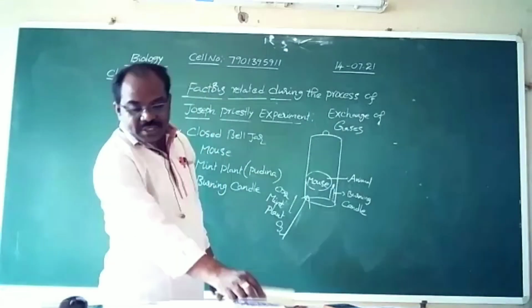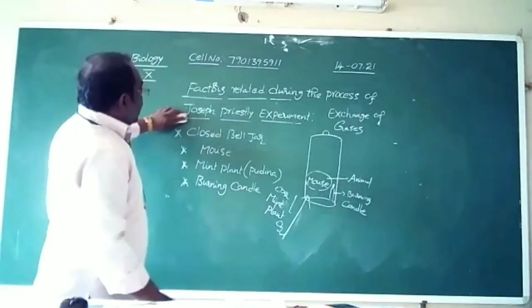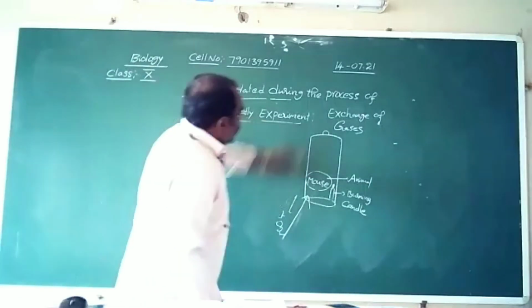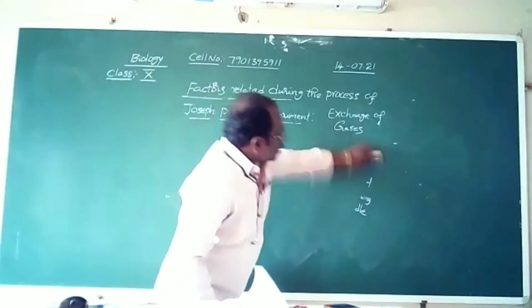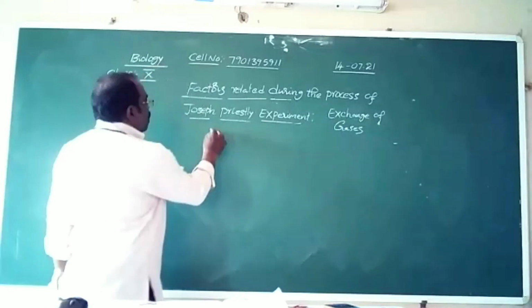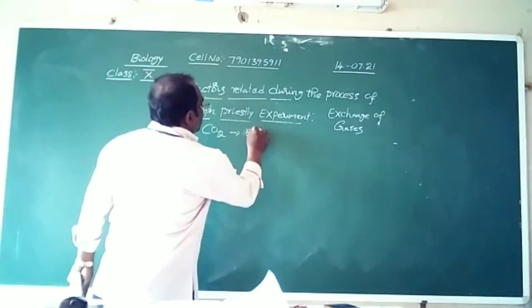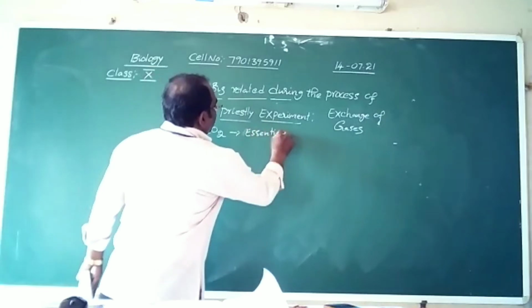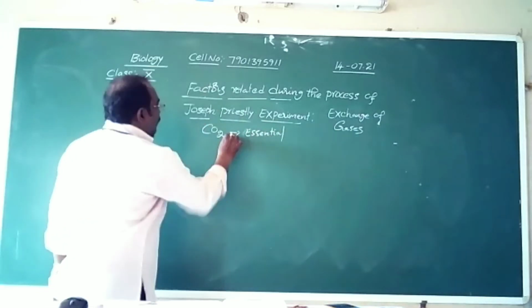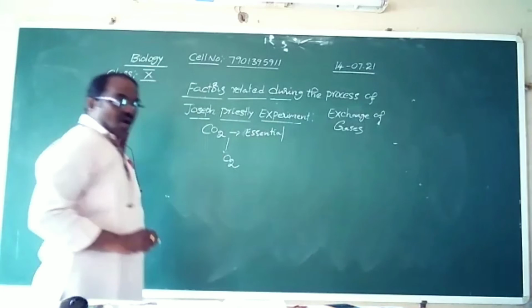Okay, my dear students. Finally, the hypothesis is that exchange of gases takes place in a plant body. Carbon dioxide is essential for photosynthesis, and oxygen is released.